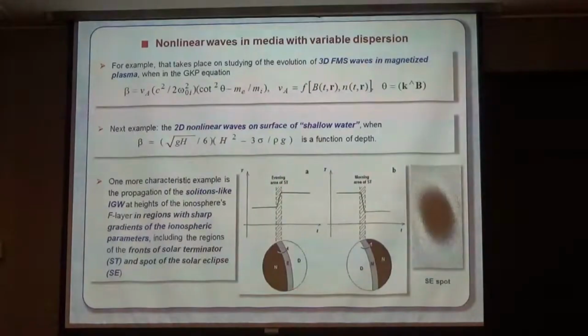Next example is the propagation of two-dimensional linear waves on surface of shallow water, when the dispersion coefficient is a function of depth. One more characteristic example is the propagation of soliton-like internal gravity waves at heights of the ionosphere's F layer in regions with sharp gradients of the ionospheric parameters, including the regions of the fronts of the solar terminator and the spot of a solar eclipse.